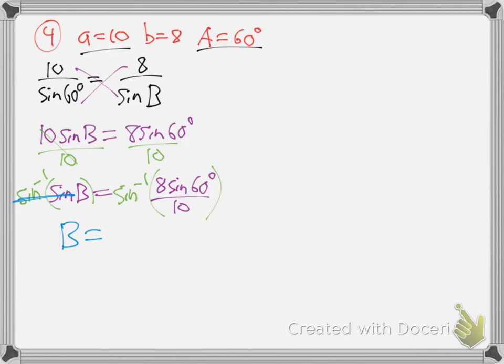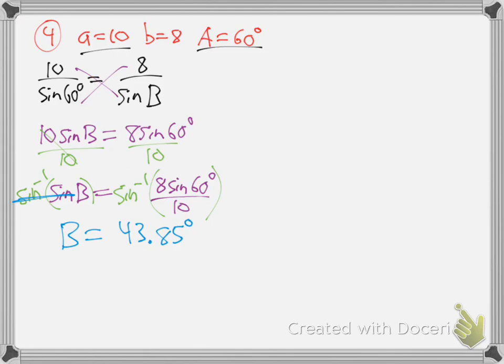Sine inverse of 8 sine 60 divided by 10. 43 point, I'll use a couple places, 85 degrees. Y'all getting that? Everybody able to get that? That is angle B. We've got it.